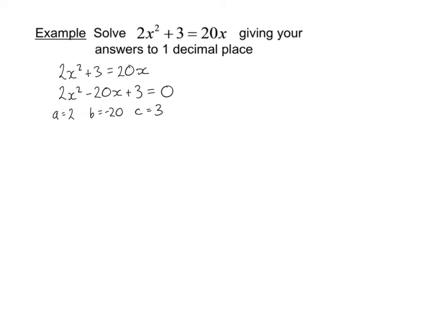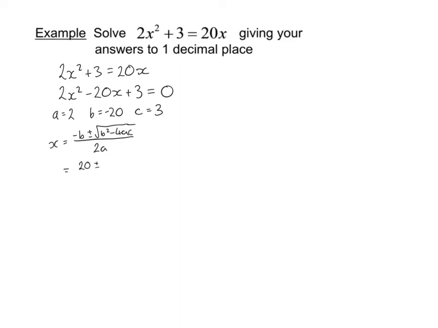So our quadratic formula, x equals negative b plus or minus the square root of b squared minus 4ac, all divided by 2a, and we can start to substitute into that. Now b is negative 20 this time, so we need to make sure that when we substitute it in here, we realise it's negative 20, which means we're going to actually have positive 20 here.